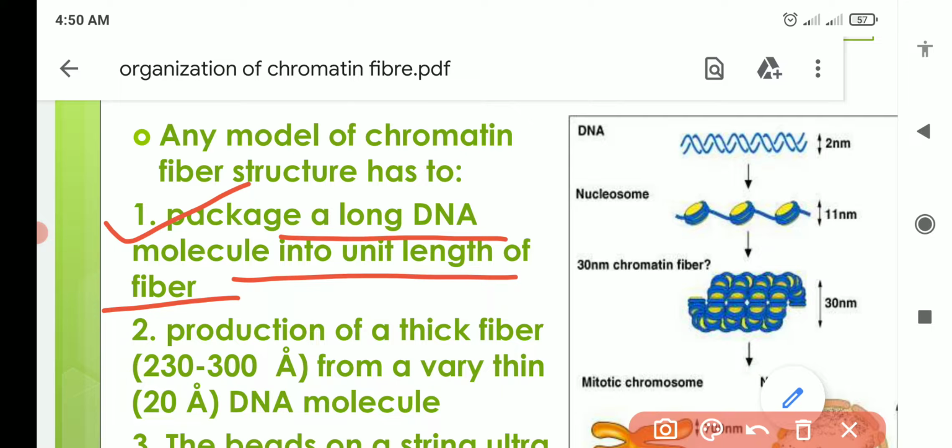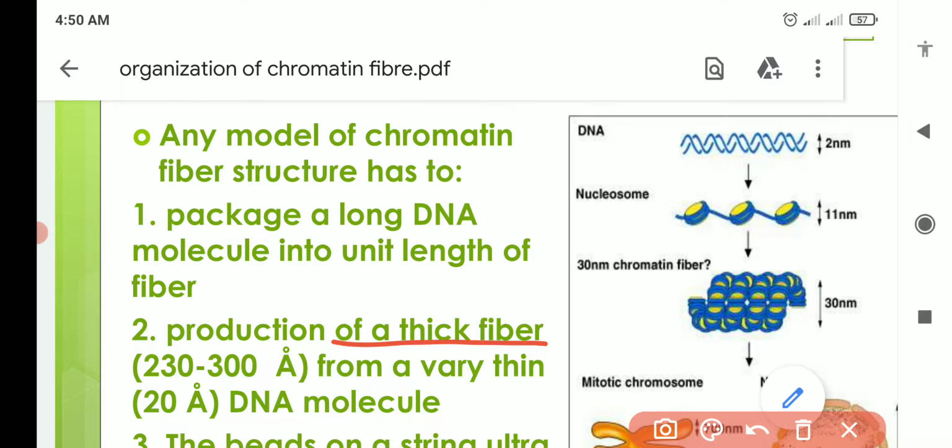And the second one is the production of a thick fiber, approximately 300 angstrom, from a very thin 20 angstrom DNA molecule. 20 angstrom means we can say the 2 nanometer DNA fiber. You can see in the image that it is the DNA molecule, or the DNA thread, which is approximately 2 nanometer in diameter, or 20 angstrom.